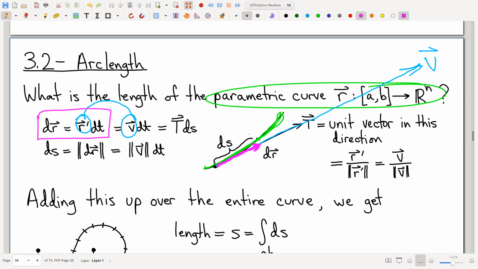R prime times dt, whatever that is. Now, the reality won't be that. The reality will be that if you started here, you would actually end over here on the curve. And the curve, of course, might bend or who knows what. We're just doing a linear estimate. We're not going to get the exact right answer. But dr is our linear estimate. It's what I like to call the position differential. I was here. This tells me how much I expect my location to change based on what's going on at that point.